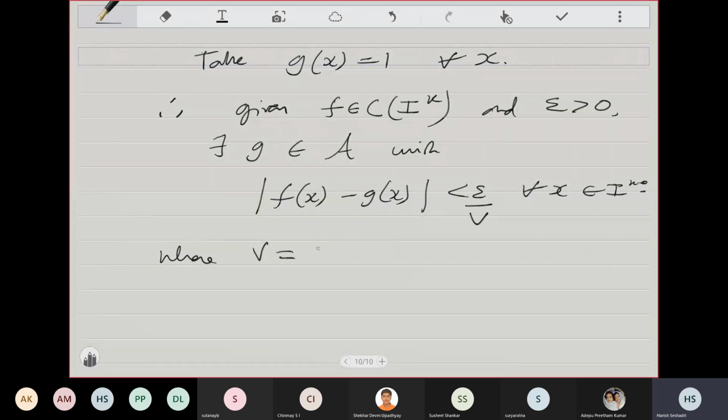But since we have not defined volume, let's just say what it is numerically. It is just (B1 minus A1) through (Bk minus Ak). Basically, the lengths of all those intervals which make up the k-cell, you multiply them and you get V. And then you stick in this, so you start with some epsilon, but you use epsilon by V in the Stone-Weierstrass theorem. So you get this.